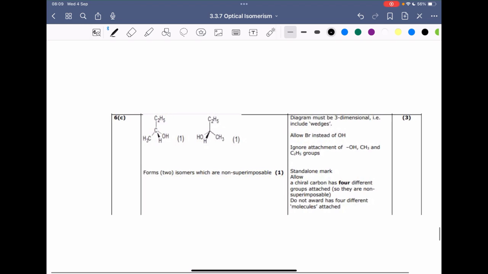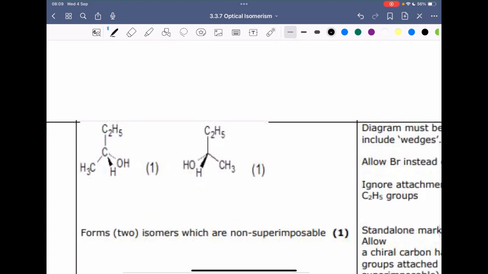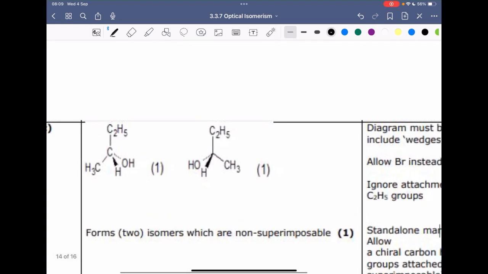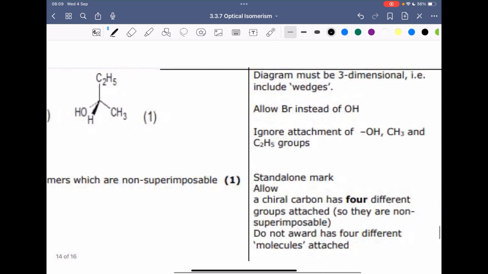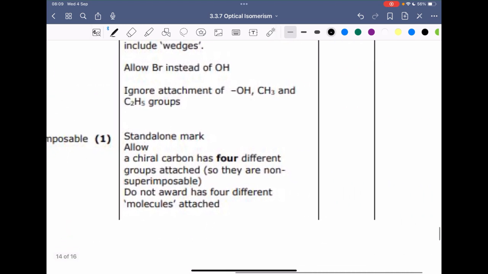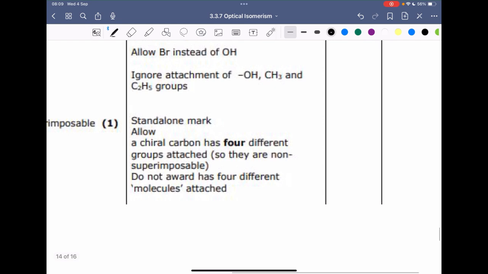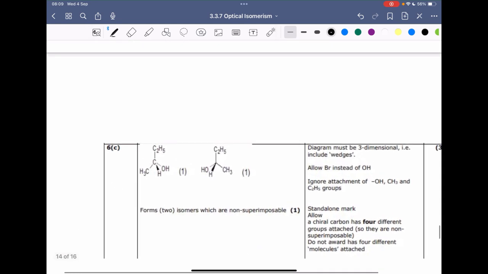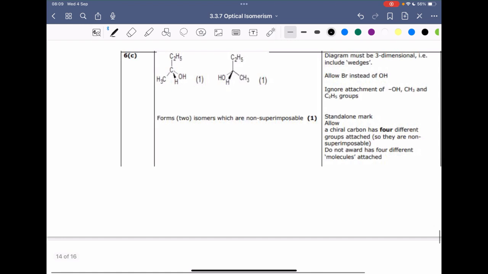Okay, so you get a mark for each of your enantiomers, and then forms isomers which are non-superimposable. Okay, allow chiral carbon which has 4 different groups attached. So either one. You don't have to say both, but I think it's good to have it just in case.